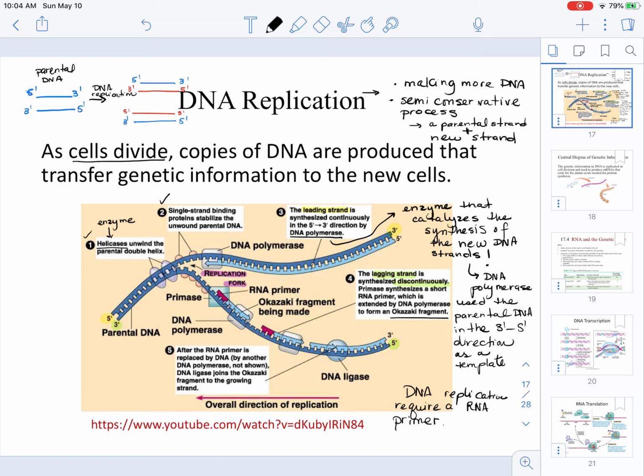Then we have a molecule called DNA ligase that is going to be linking those Okazaki fragments found in the lagging strand to make the whole new strand, which is synthesized in little chunks. And remember that that is the one called the lagging strand.